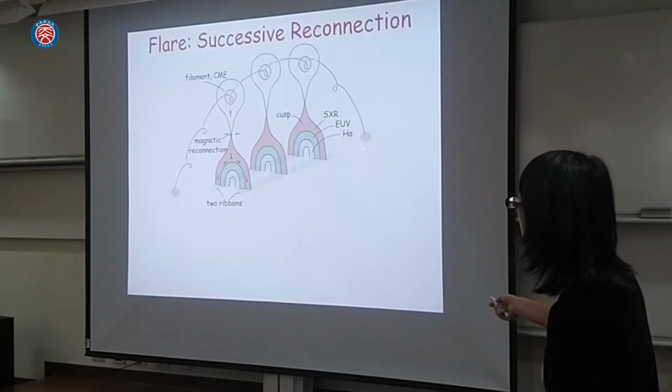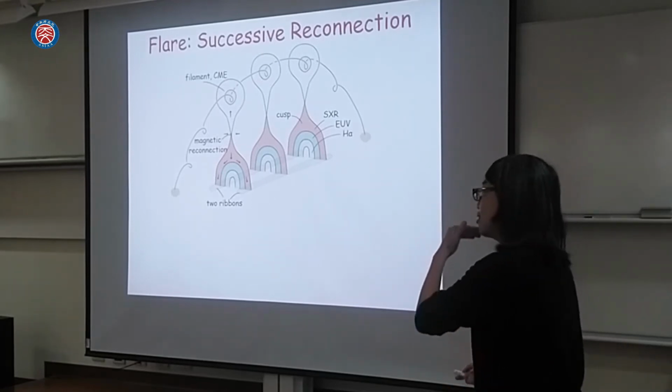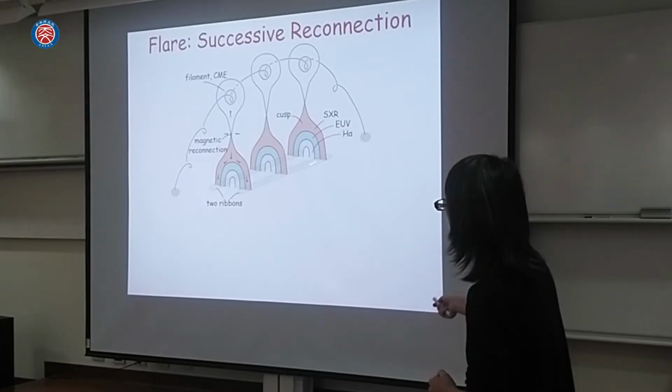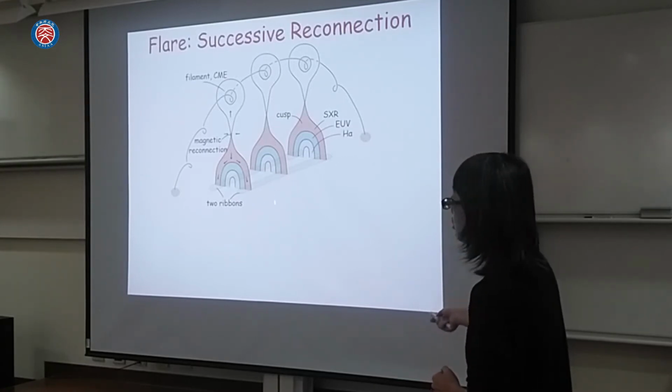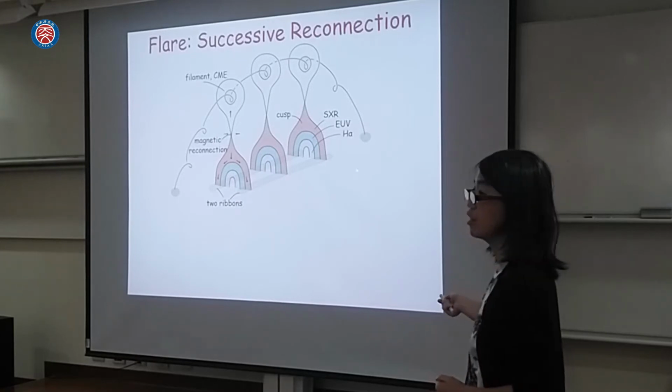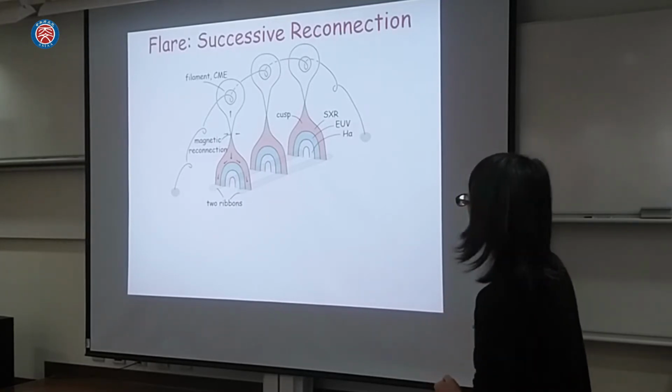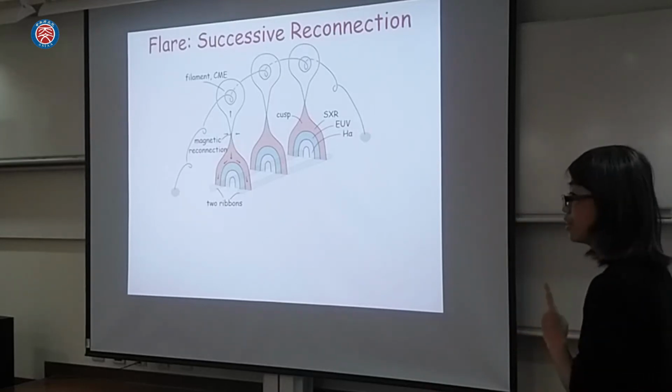At the same time, you can also see the ribbon structure, which appears in H-alpha or UV images. That's for one moment in time.